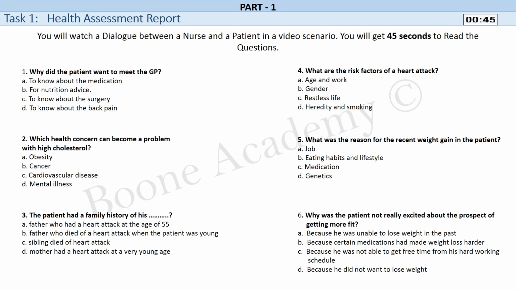Part 1. Task 1, Health Assessment Report. You will watch a dialogue between a nurse and a patient in a video scenario.